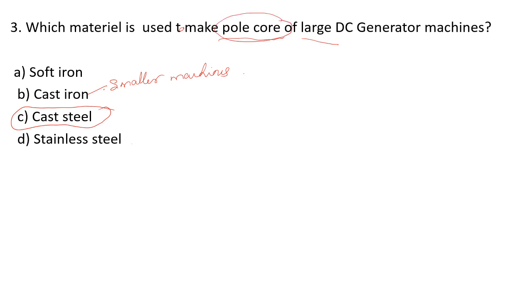In addition to the pole core, for the production of yoke we can use cast steel for larger DC machines. But for smaller machines, for the production of pole core and yoke, we can use cast iron.